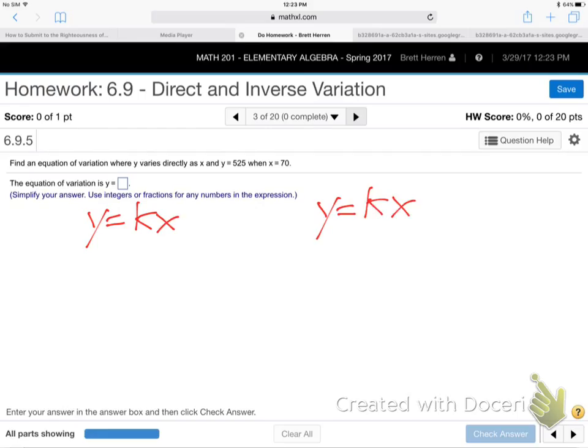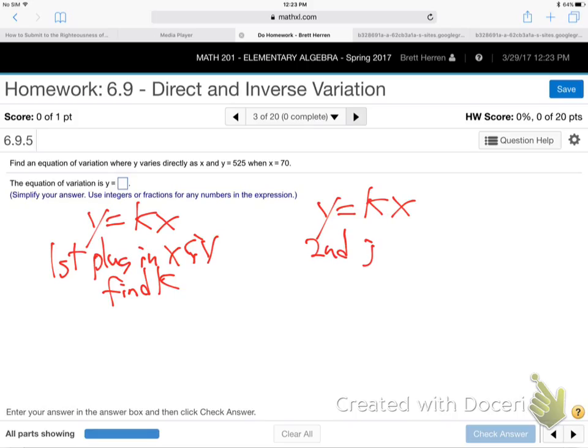So y equals kx, you write it twice, right? The first time you plug in x and y, find k. The second time, you just put in k. Everybody see that difference?